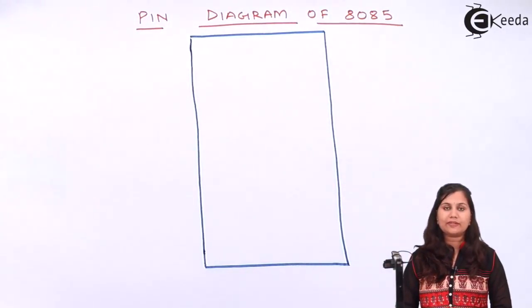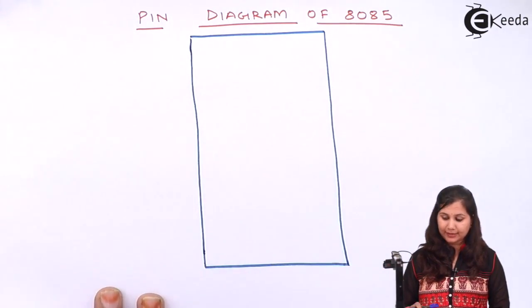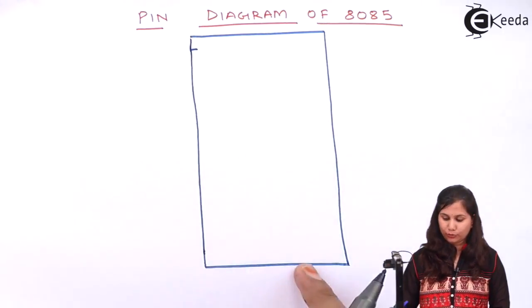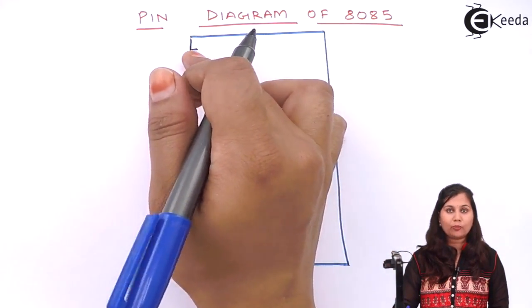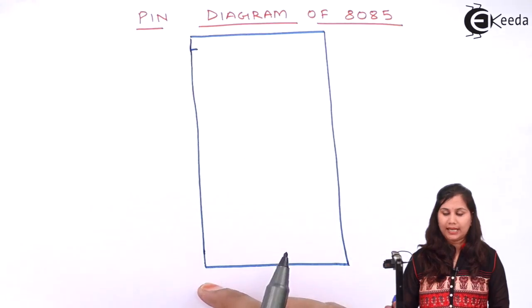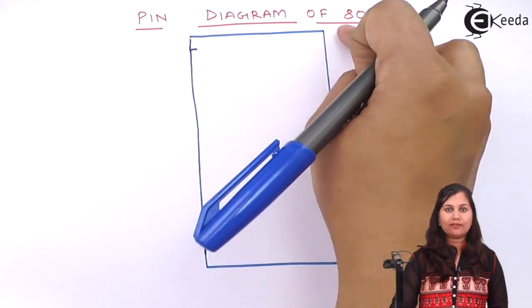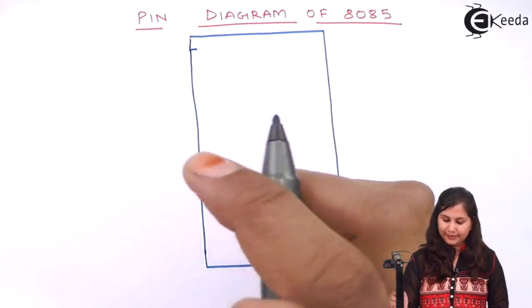As 8085 is a 40 pin IC, there are 40 pins in it. Starting from 1 to 40, we will start from 1, 2, 3 till 20, and 21 will start from here. So in this way we have the numbering of the pins.